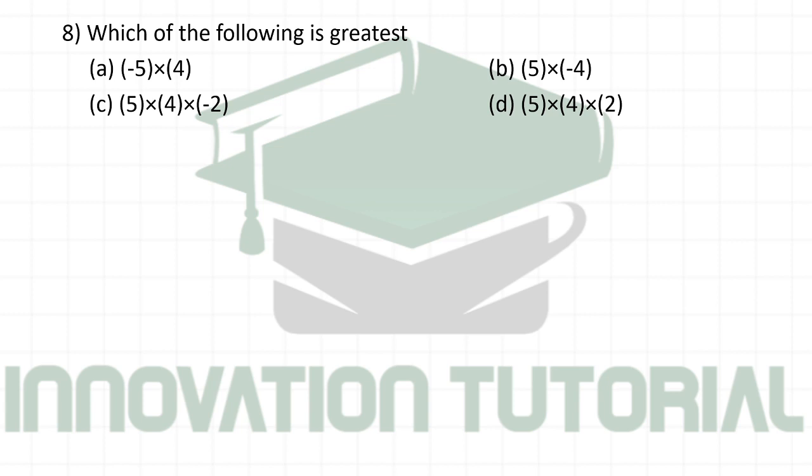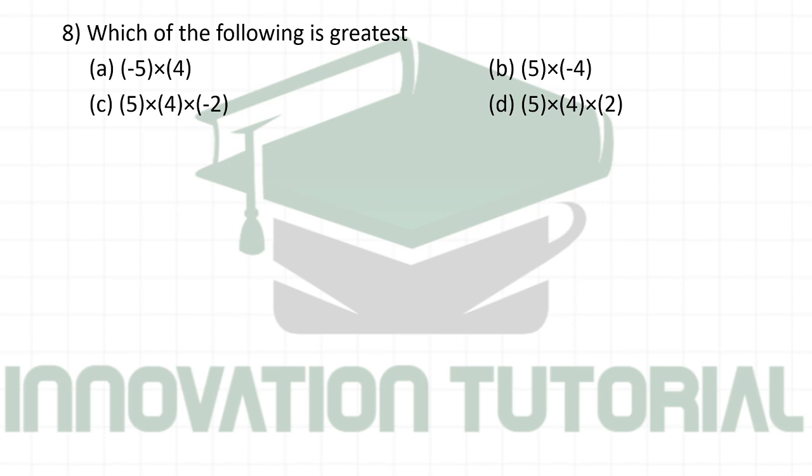Option C is 5 multiplied by 4 multiplied by minus 2. And option D is 5 multiplied by 4 multiplied by 2. After multiplying, which number becomes the greatest: option A, B, C or D?